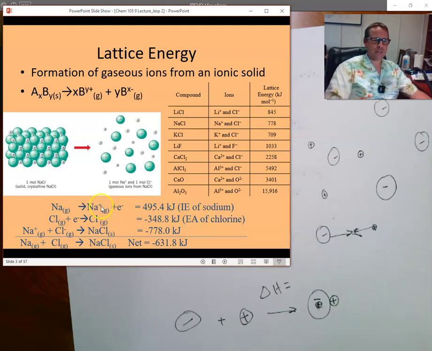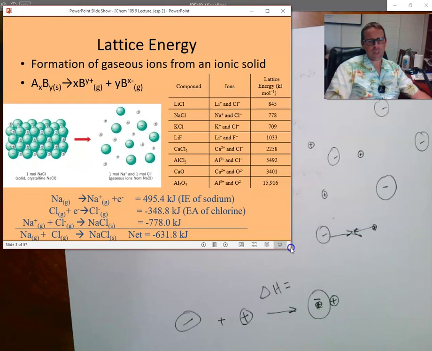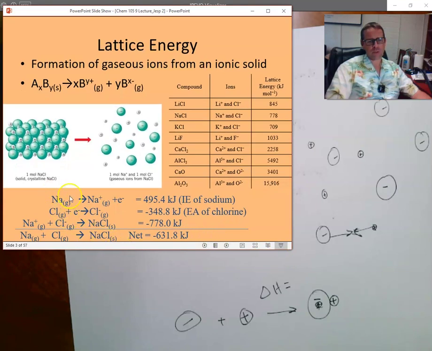So the energy associated with removing an electron from sodium requires energy. The energy associated with giving an electron to chlorine releases energy. And then with the help of the lattice energy, the resulting process is exothermic, a negative 631 kilojoules per mole of sodium and chlorine atoms.